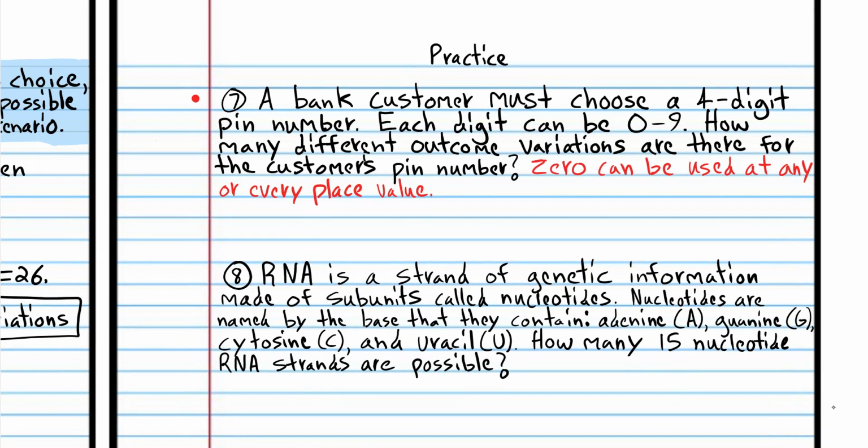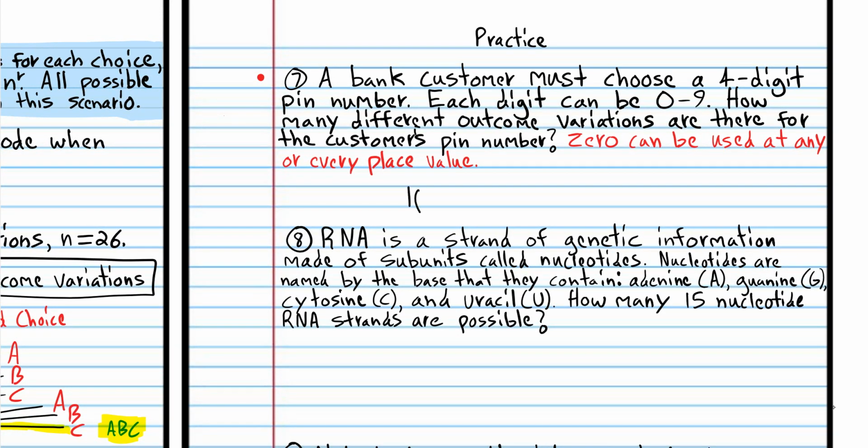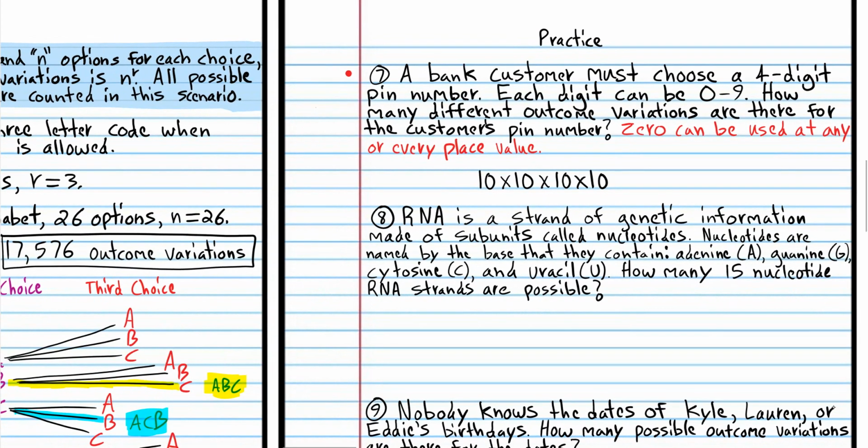So let's make the first choice. How many options do we have for the first choice? Well, there's 10 options. And how many options do we have for the second choice? Again, 10 options. And the third and the fourth. And that's it. So that's the answer. 10 to the 4th power.